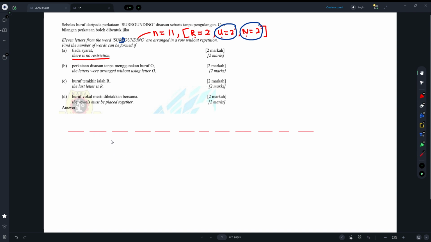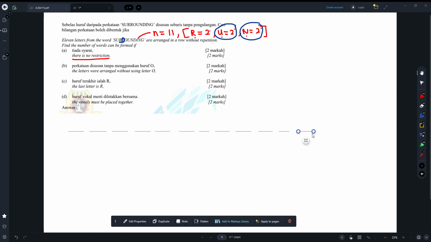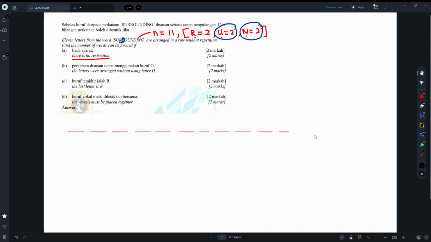Okay, 1 2 3 4 5 6 7 8 9 10 11. That means this one is not needed. Let me erase. If you notice this 11 position, when I say the vowels must be placed together, first I need to know the total number of vowels.